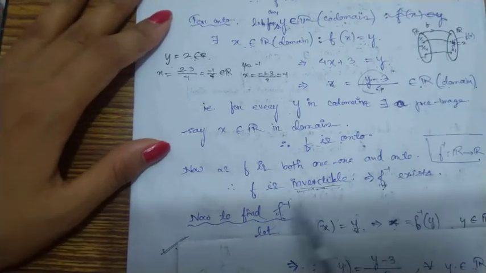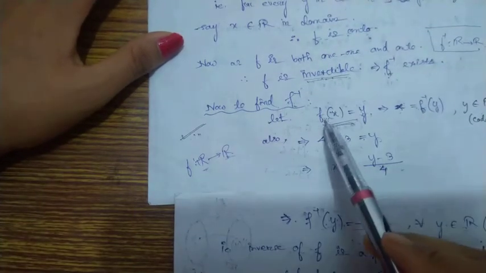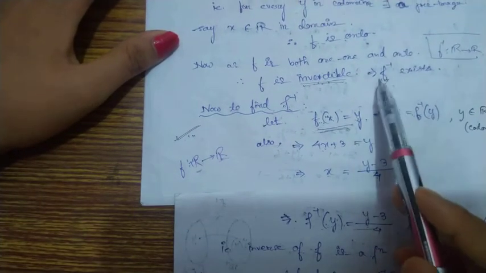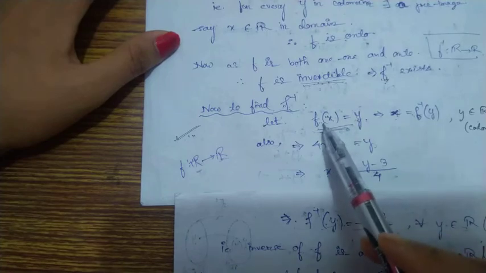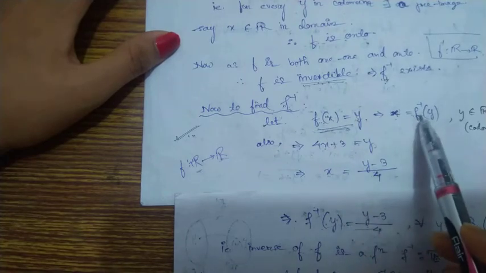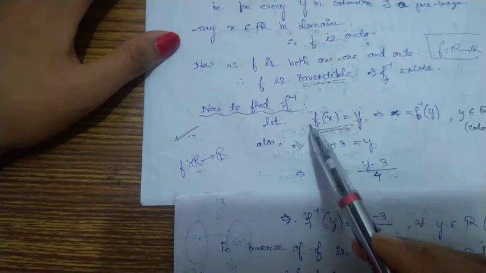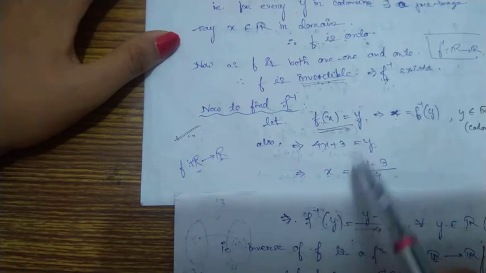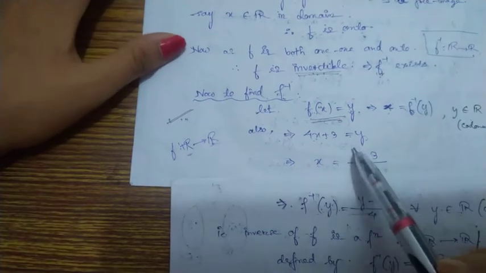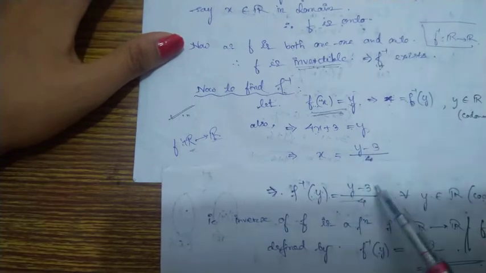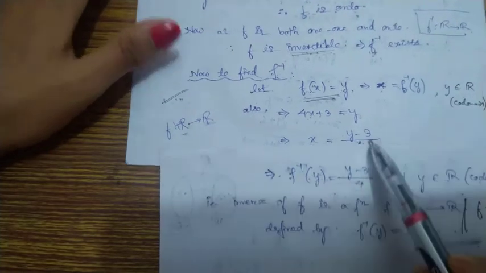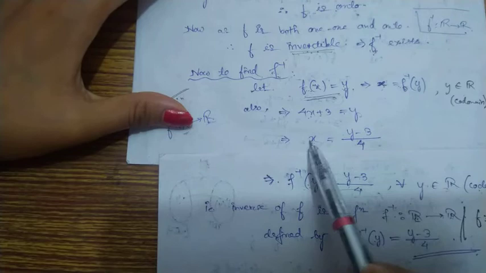So this part of the question is complete. Next we have to find f inverse. We apply the procedure: we assume f of x = y. Since f is invertible, from this equation x = f inverse y. Next, f of x is defined as 4x + 3 = y, so x = y minus 3/4. In place of x we can write f inverse y.